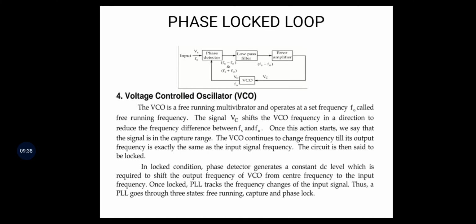When the signal Vc shifts the frequency in a direction to reduce the difference between Fs and F0, Vc is produced accordingly and the Fs minus F0 difference is reduced. Then the output frequency matches the input frequency, or the output phase matches the input phase, and the circuit is in the locked position.